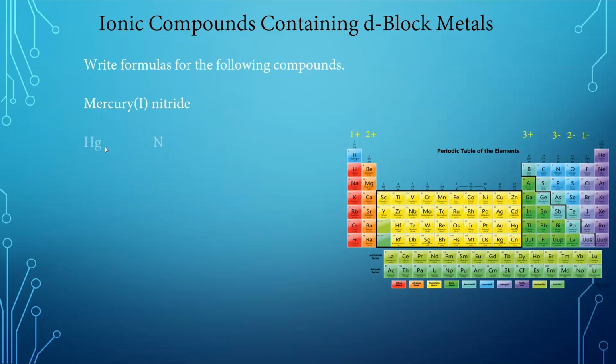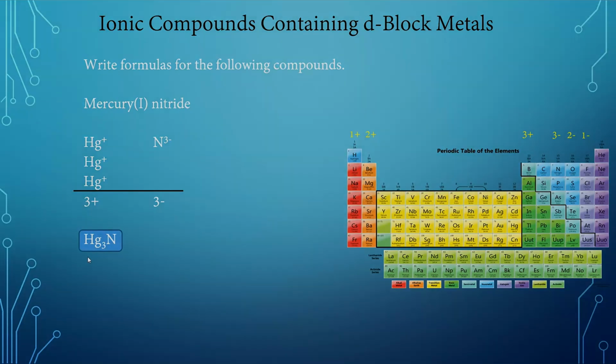So mercury is Hg, and nitride is N. The Roman numeral 1, of course, tells us that mercury has a charge of +1, and nitride, being in group 5, would have a -3. So it looks like we would need 3 mercuries to equal the charge on 1 nitride. We've got 3 pluses and 3 minuses, and therefore our formula will simply be Hg3N.